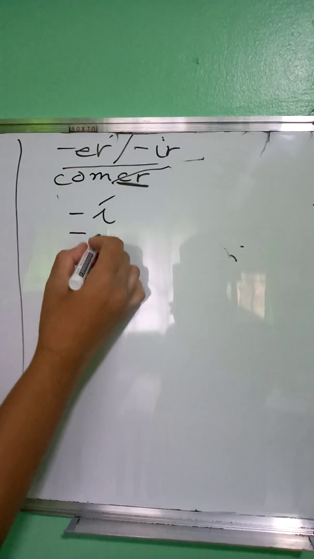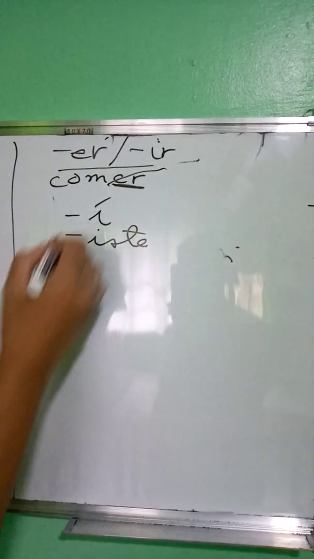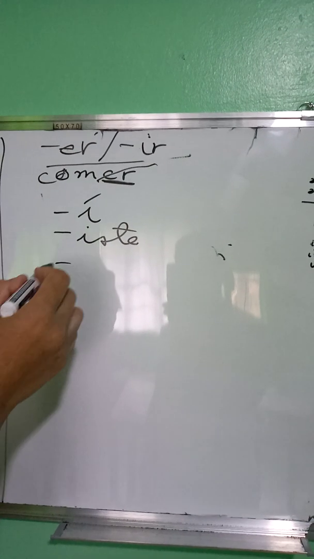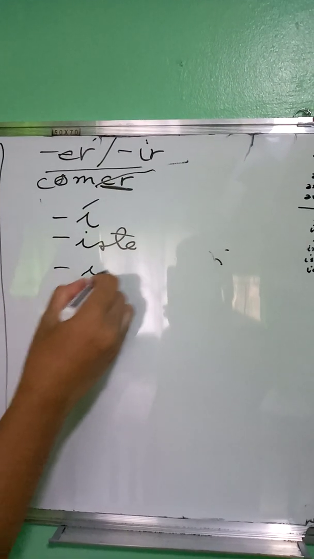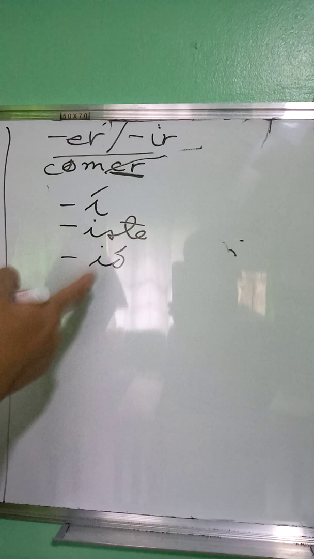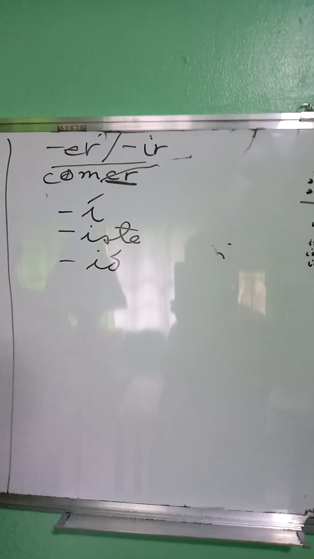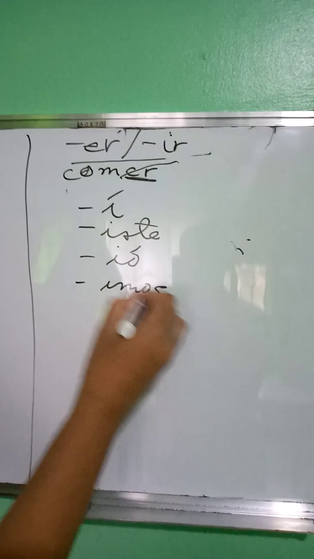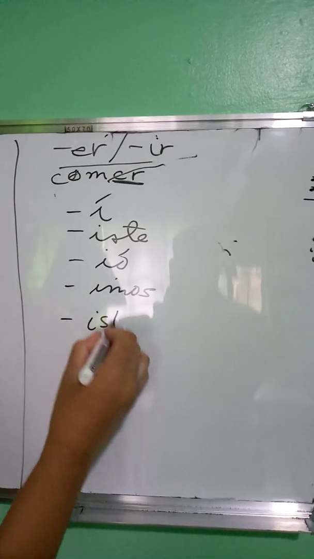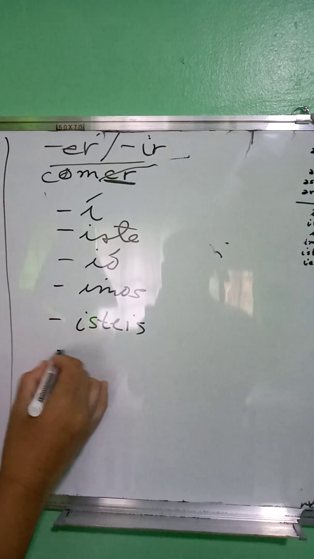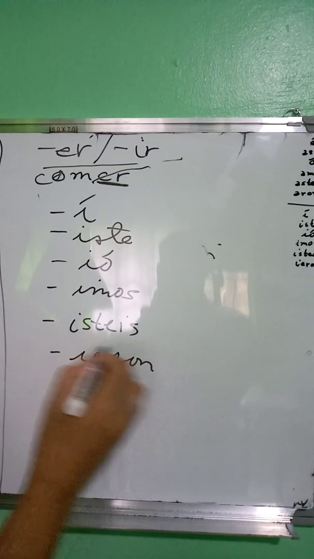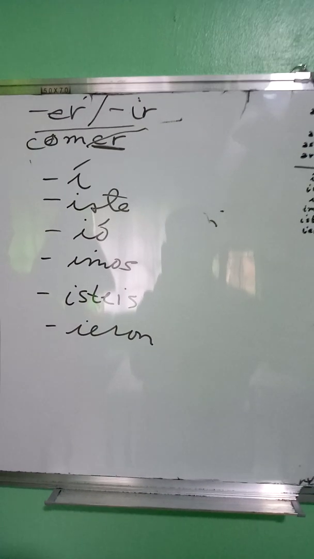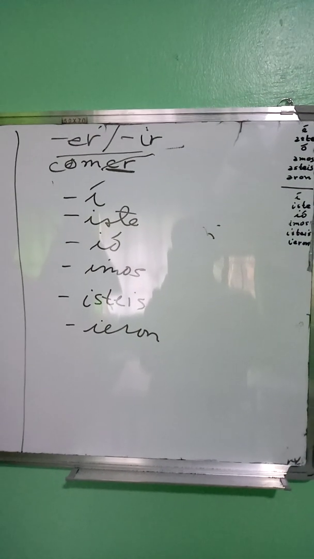Then, tú, comiste. Then, ella, usted, comió, no? So, there is the accent in the O. Then, imos, comimos, comistis, then comieron. Ieron is the ellos, ellas, ustedes, comieron. No? So let's take another verb.